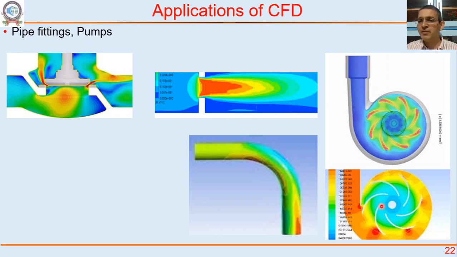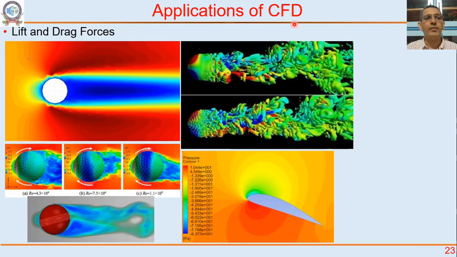Red is high velocity. These are pressure fields. Blue is the low pressure, red is the high pressure. You can calculate the head versus flow curve for a pump based on CFD simulations. We don't need experimental data. Can be calculated from microscopic balances. Lift and drag forces.